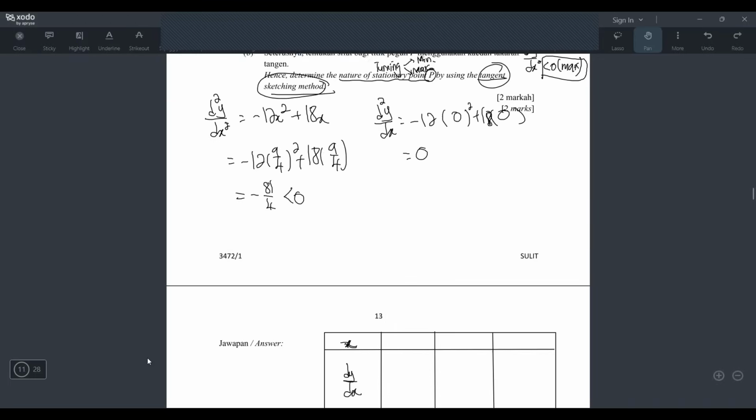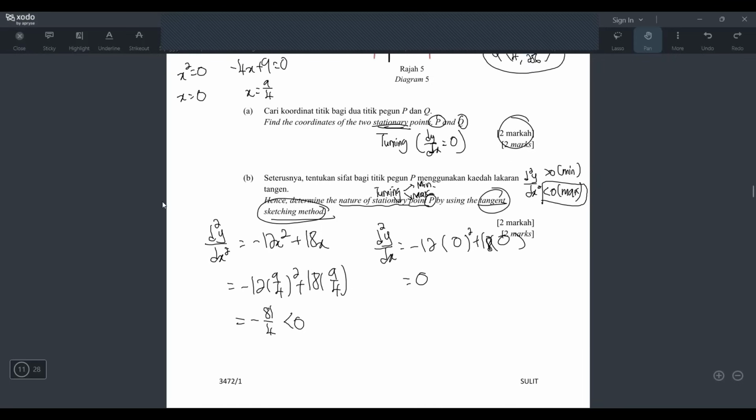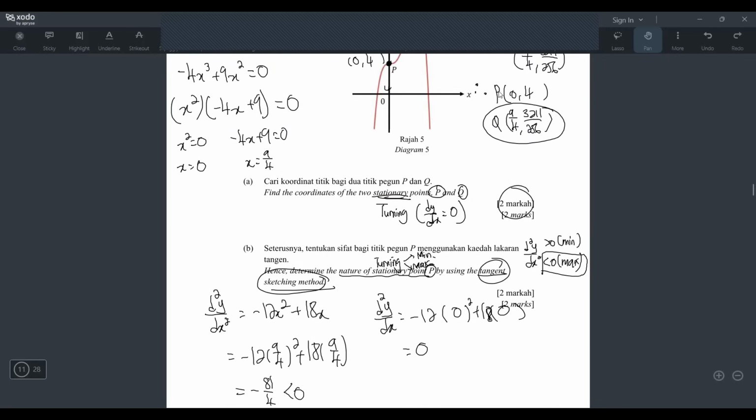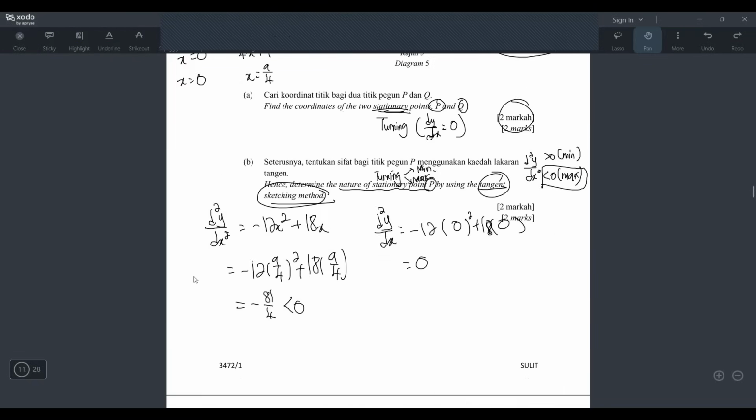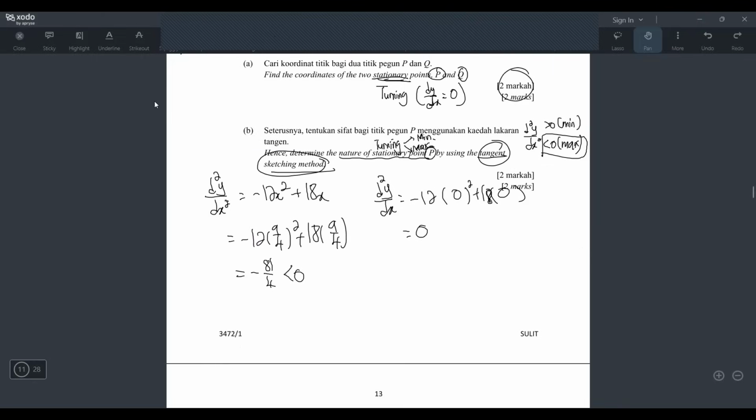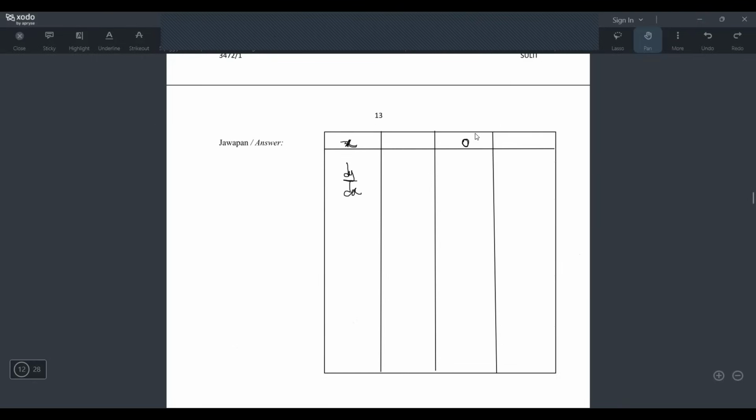And the x value just now, which one gave you the second derivative 0? When you substitute P's x coordinate 0 into the second derivative, you get 0, right? So the x coordinate is 0. The x value that prevents you from finding the minimum or maximum, I will write in the middle.